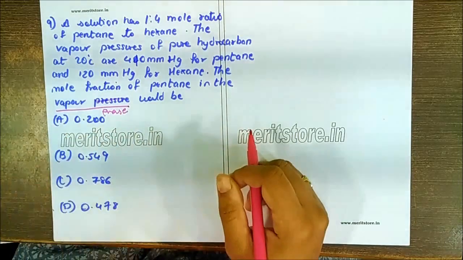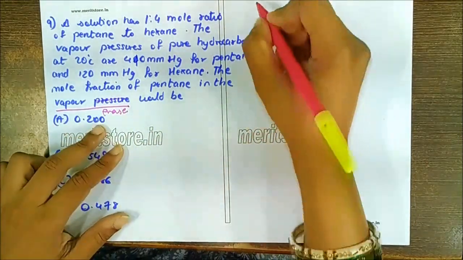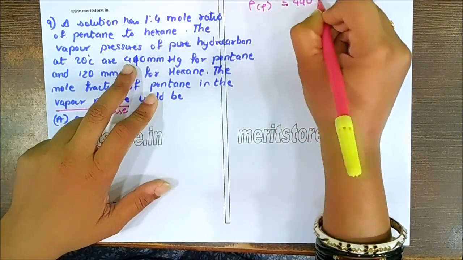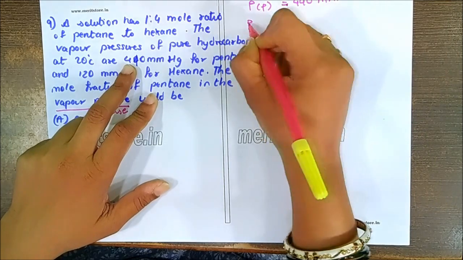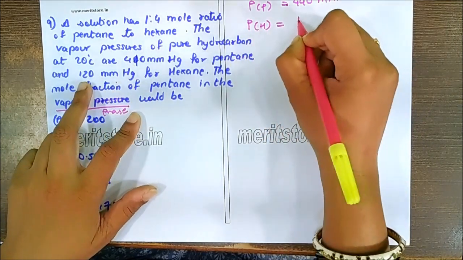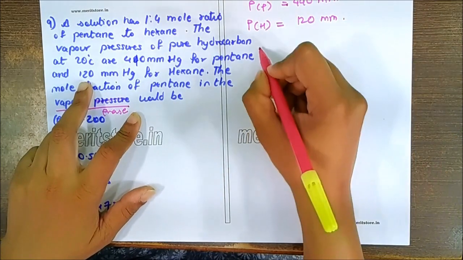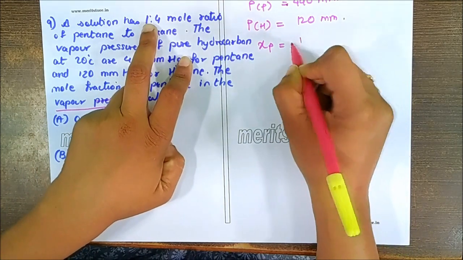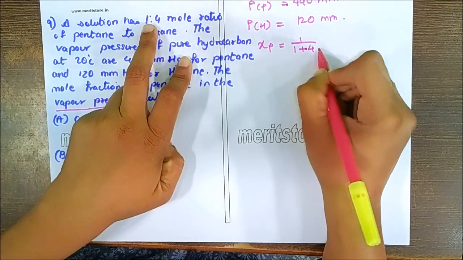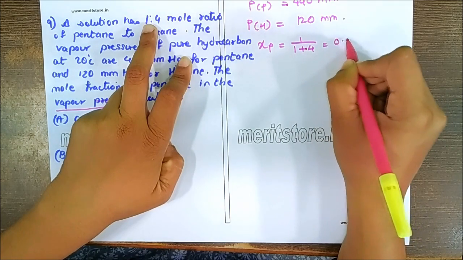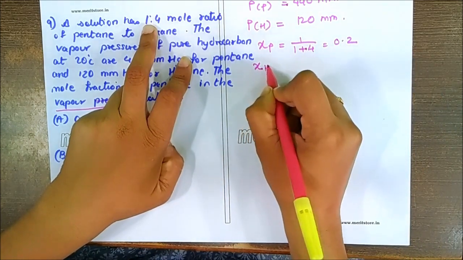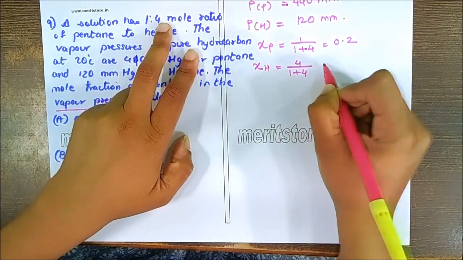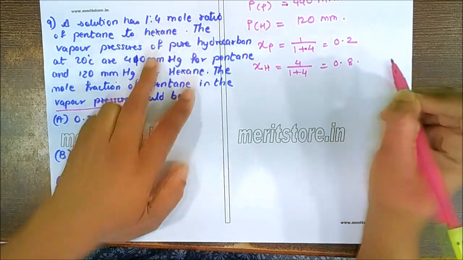The vapor pressure of pentane is given as 440 mm, and that of hexane is 120 mm. The mole ratio is 1:4, so the mole fraction of pentane is 1 upon 1 plus 4, which is 1 upon 5, so 0.2. The mole fraction of hexane is 4 upon 1 plus 4, so 4 upon 5, that is 0.8.